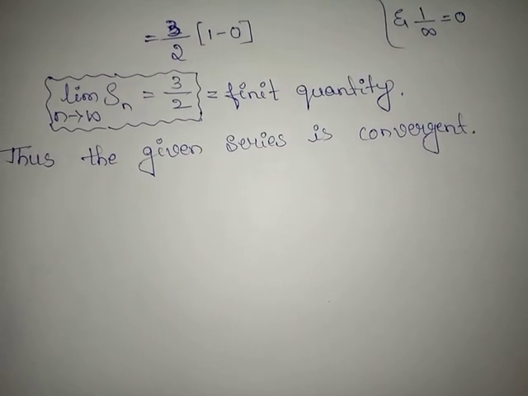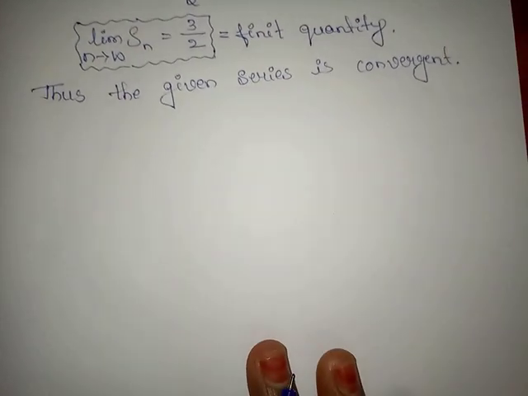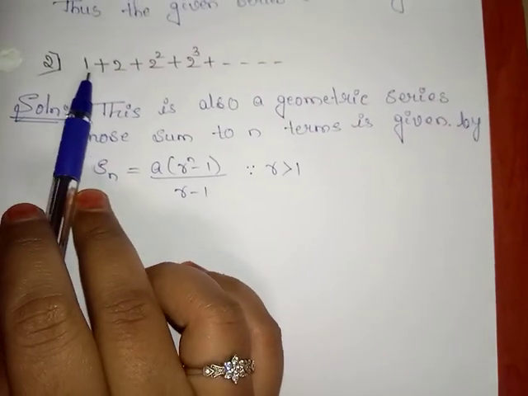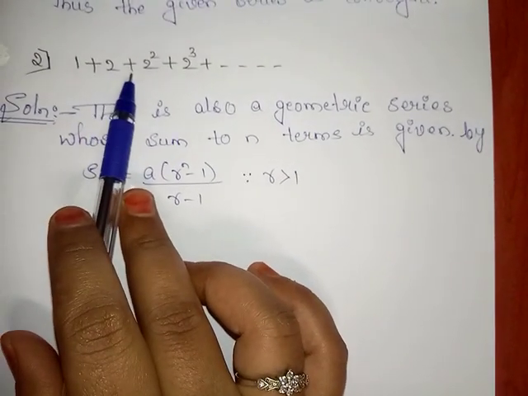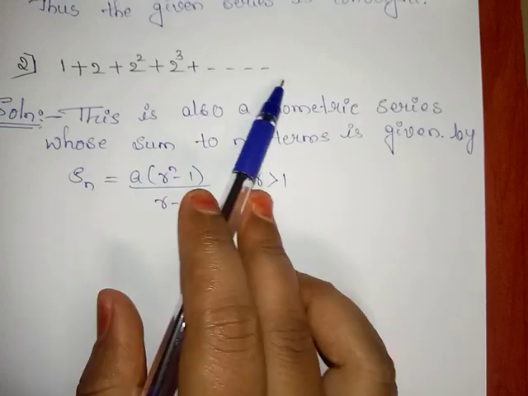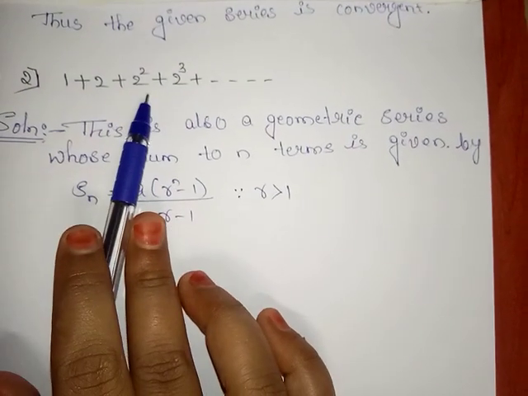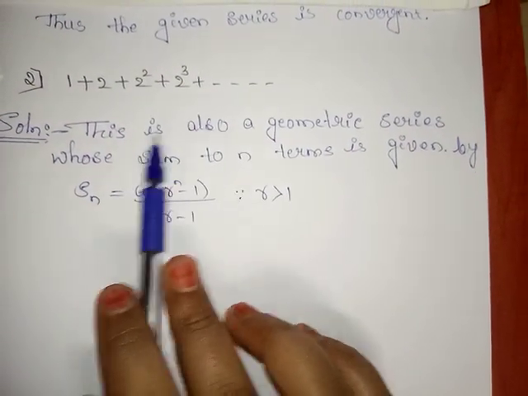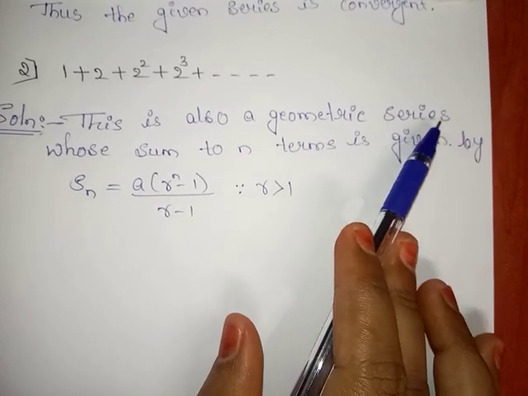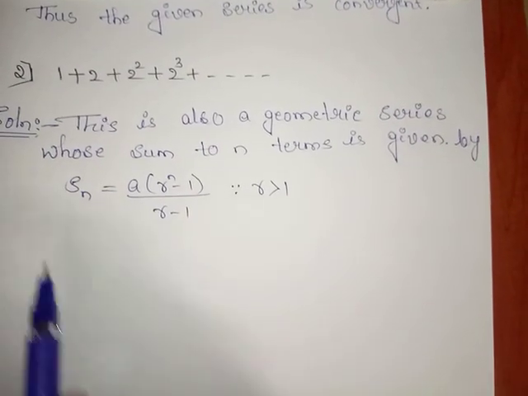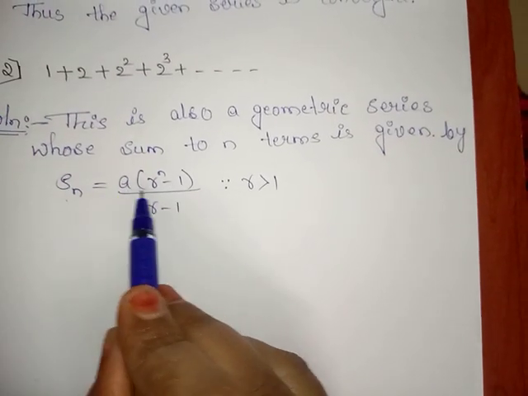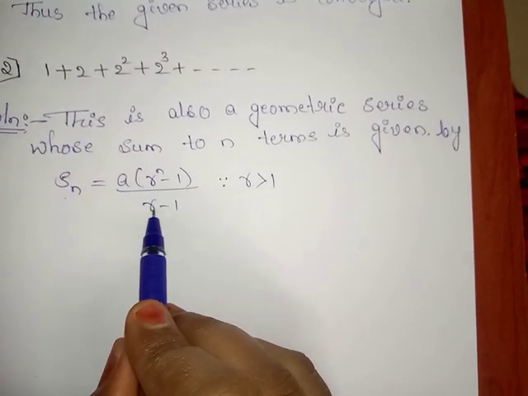This is the example. Next example, given series is 1 plus 2 plus 2 square plus 2 cube plus and so on. On seeing this series, we conclude that this series is also a geometric series whose sum to n terms is given by Sn is equal to a into r raised to n minus 1 divided by r minus 1.